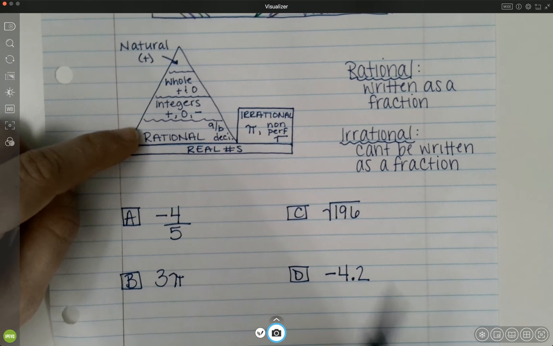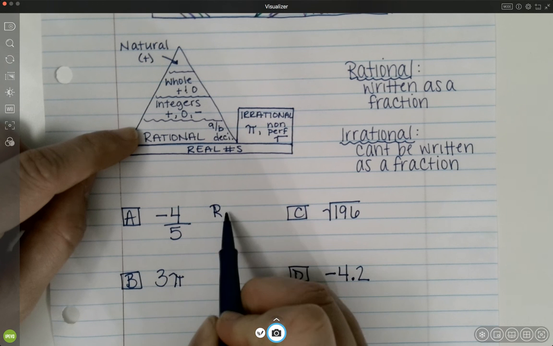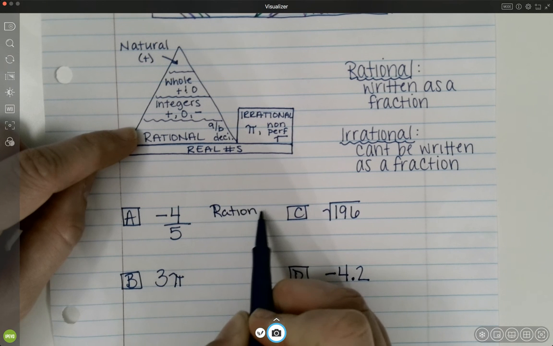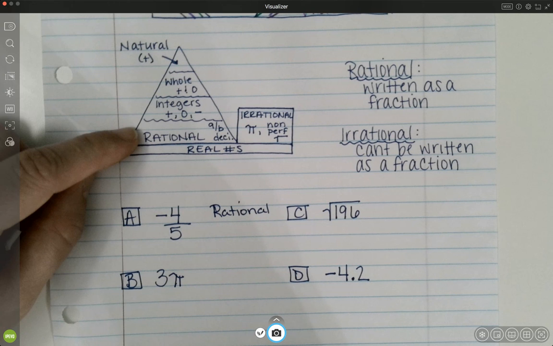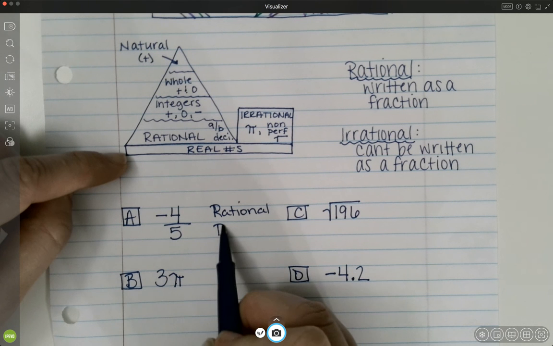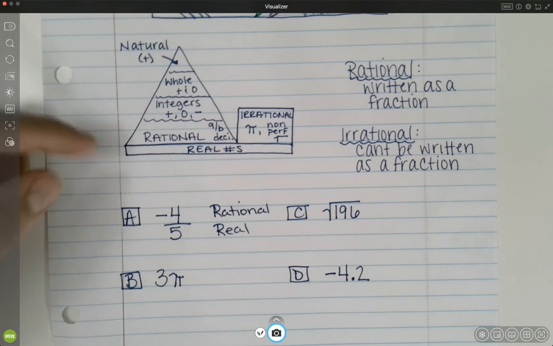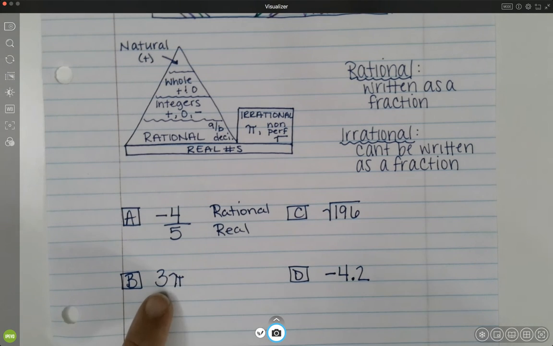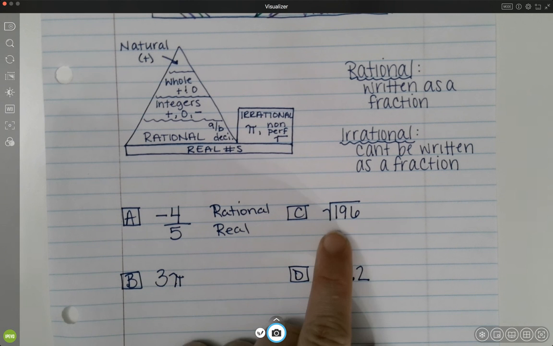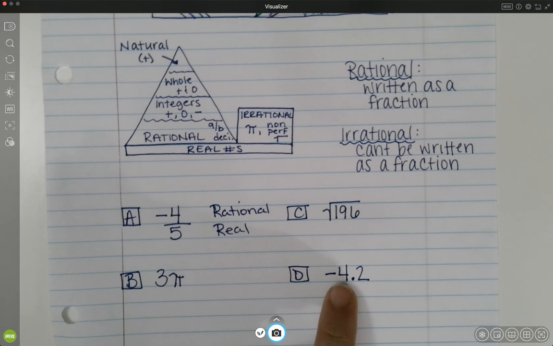So we would classify this first one as rational as its most specific, and then we list all of the rest below it, so it would also be real. I have 3 more listed for you: 3 pi, the square root of 196, and negative 4.2. Go ahead and pause this video and classify those numbers, and push play when you're ready for the answer.